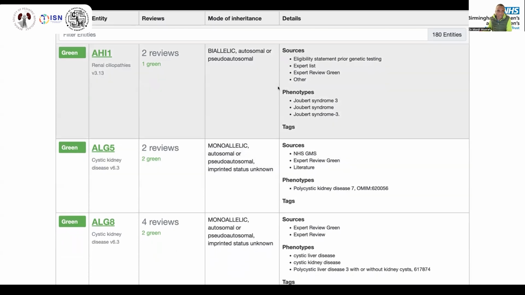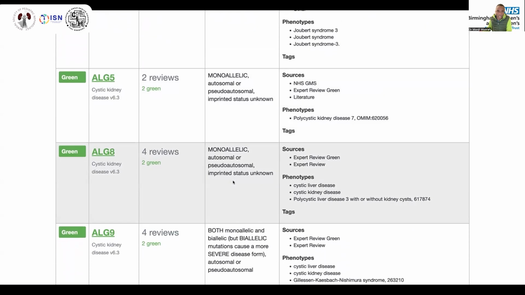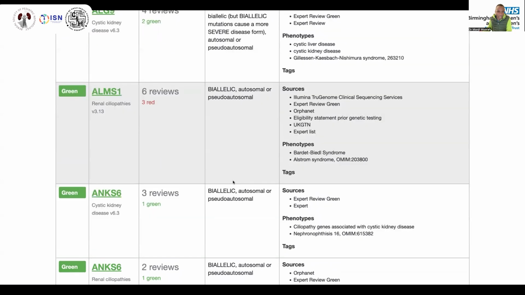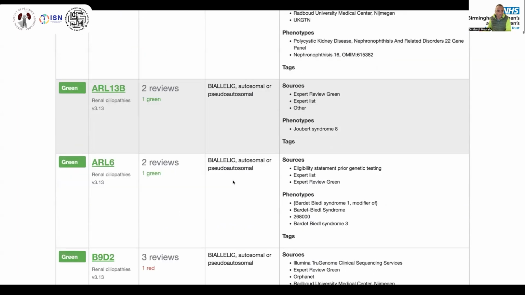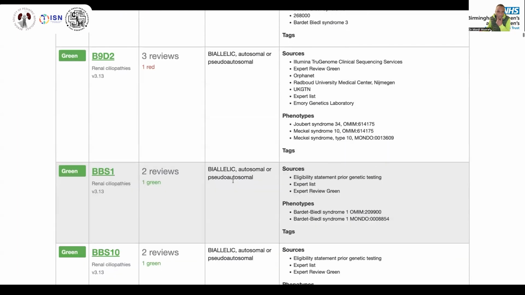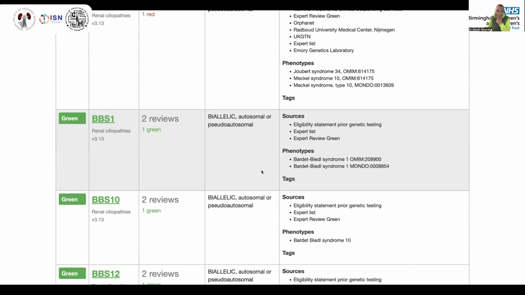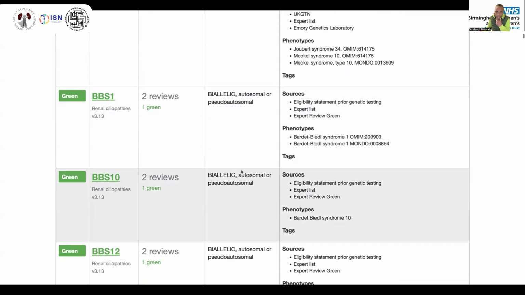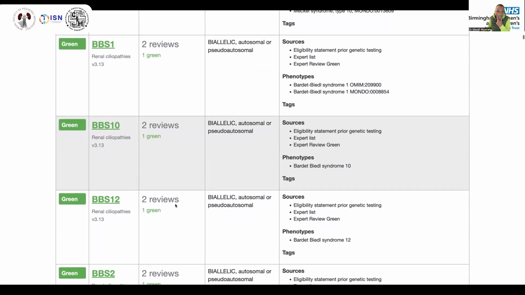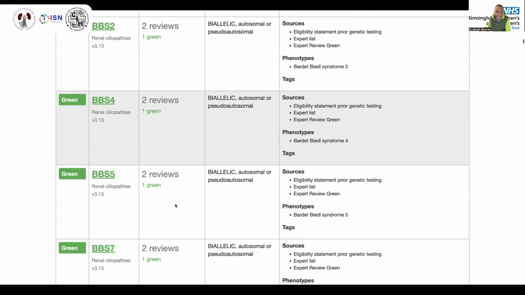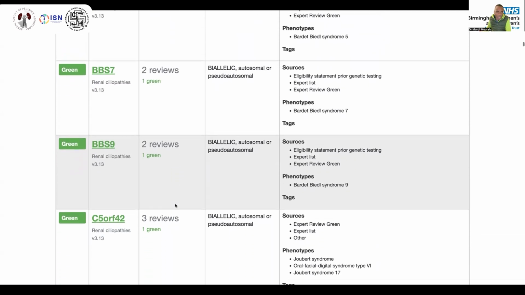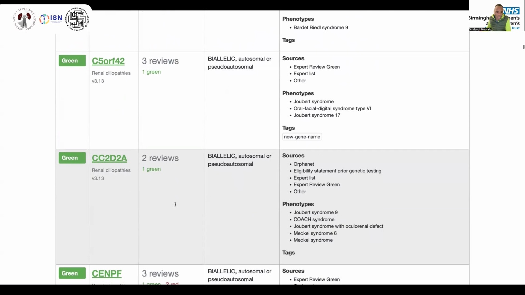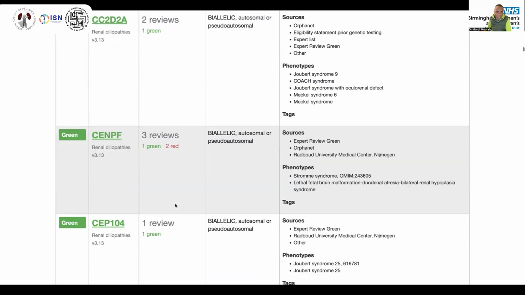So there are some like AHI1, ALG5, and I'm just going to scroll rather quickly and stop and comment on a number of genes which I think might be of interest, like the Bardet-Biedl syndrome genes, which obviously get mentioned here. You can see BBS1 through to 9 and ongoing.